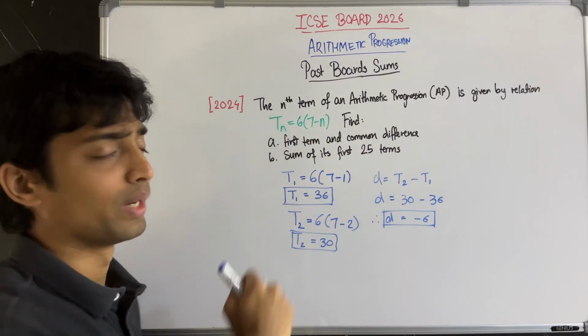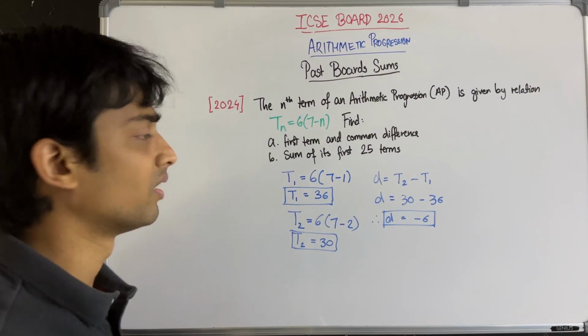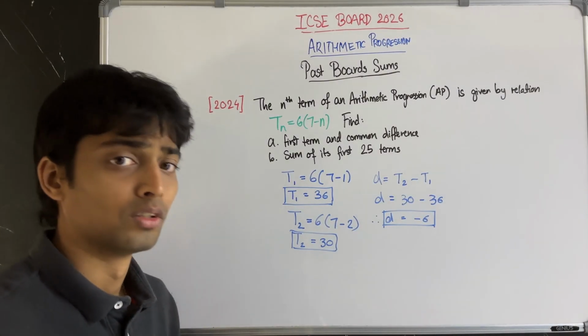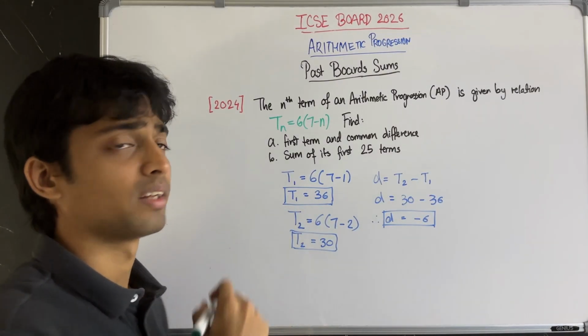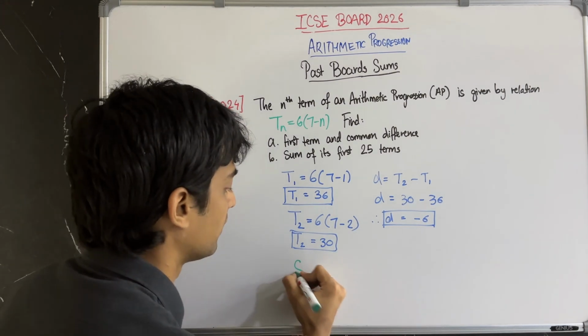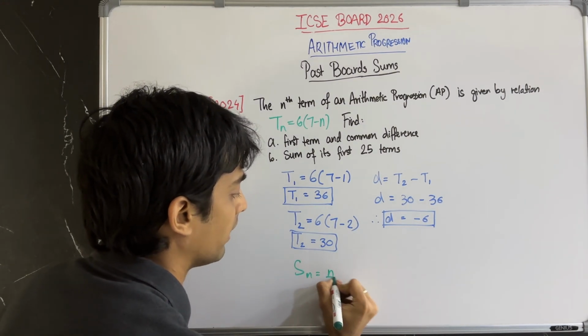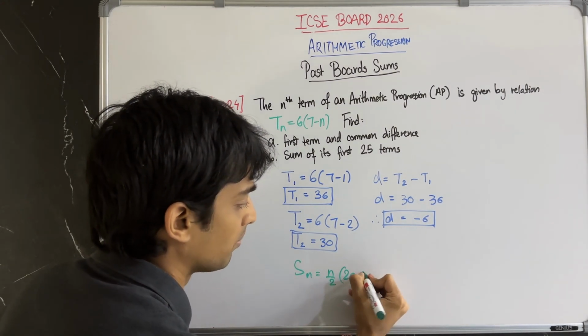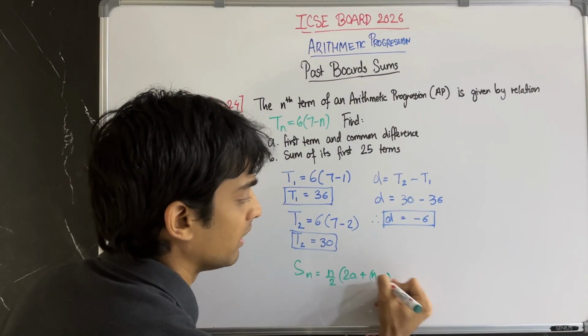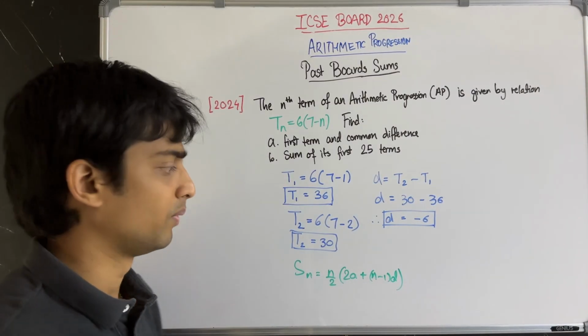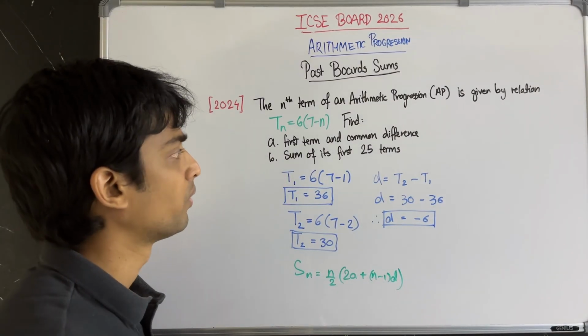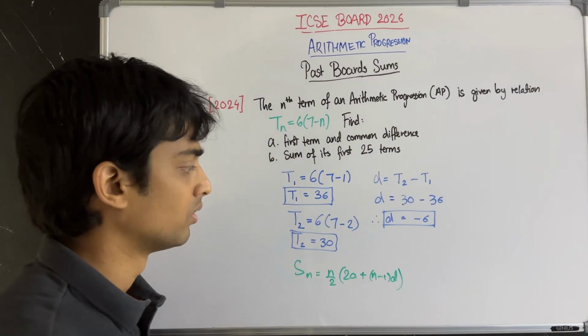Sum of its first 25 terms. So we'll use the formula of sum, the sum of first n terms. So the Sn formula is Sn is equal to n by 2 (2a plus (n minus 1)d). We'll just substitute the values here to get the Sn.